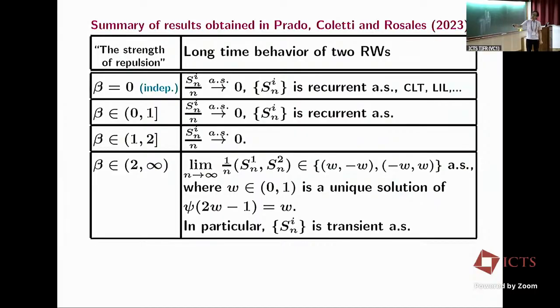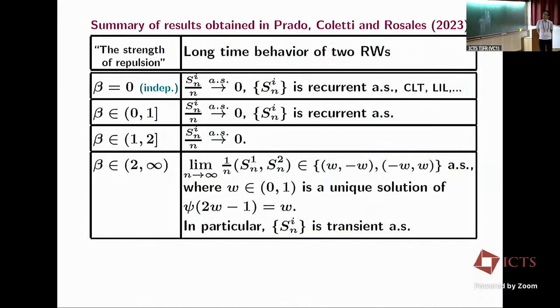The main problem in their paper is recurrent or transient processes. So in the intermediate regime, such a result is not known. And to compare with our result, we rewrite this result in a different form.